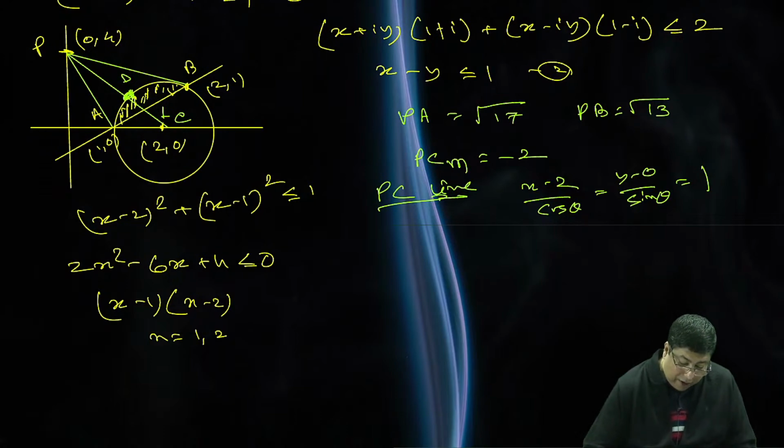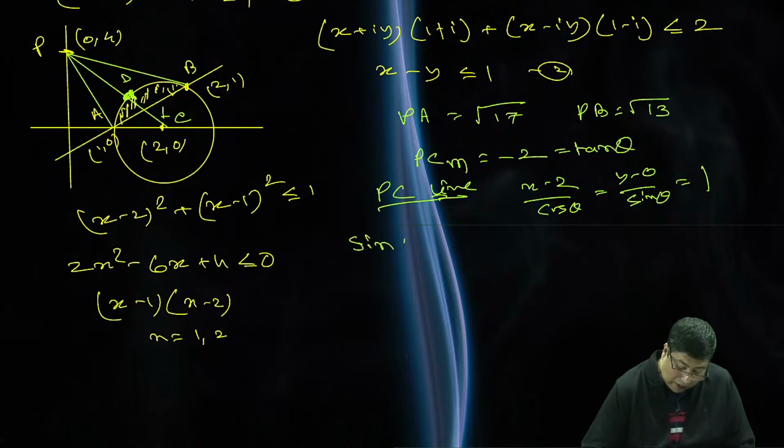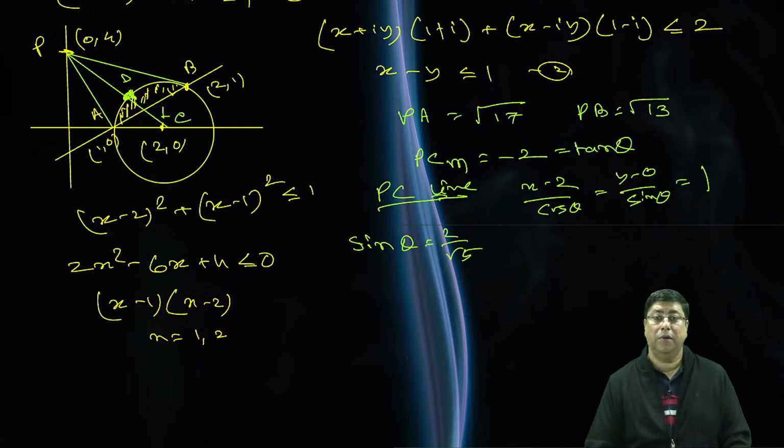In this case, tan theta is negative, so sin theta is positive and cos theta is negative. We need this whole concept, whatever we have done in the class.